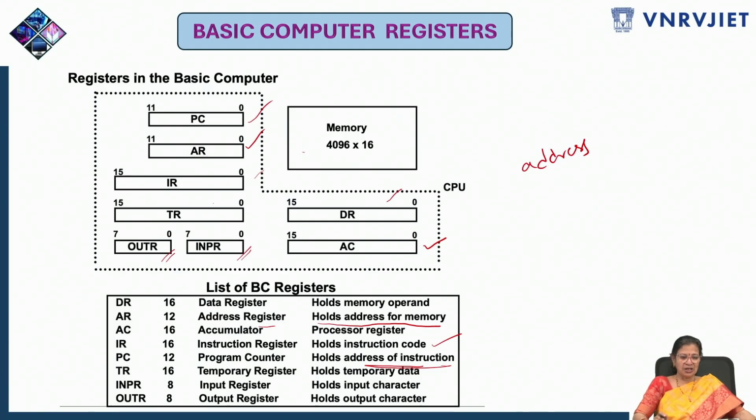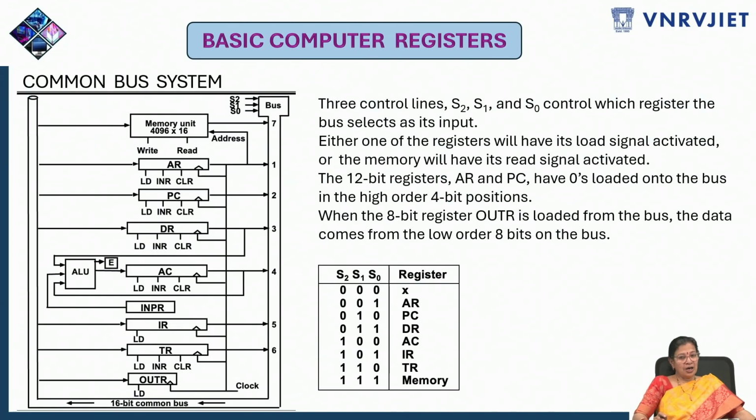So coming back to the registers, these are all the basic computer's registers which will be performing the functions assigned. And how are they connected and how are they selected? If you look at the diagram here, the system uses a common bus.